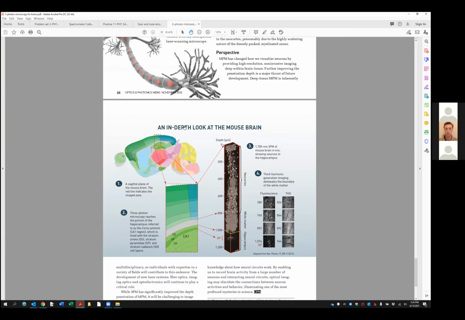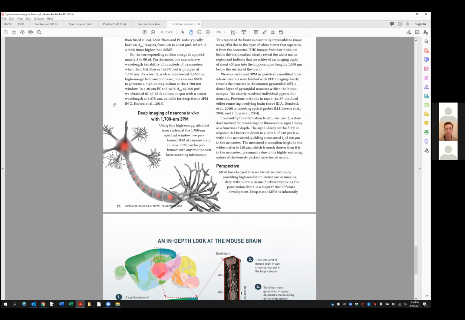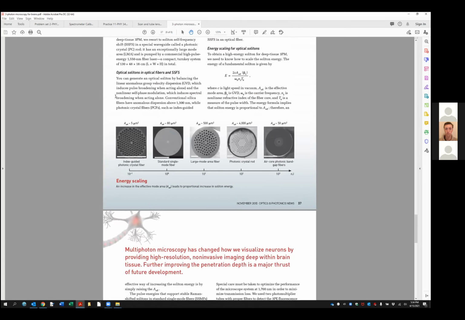And there are a lot of physicists who work on this because obviously you need a tremendous amount of biology knowledge in order to handle the mice, to know what you should be looking at in the first place, in order to keep the mice alive in these experiments. You also need a ton of optical engineering expertise to build these things. And one of the key issues is delivering very high power light pulses.